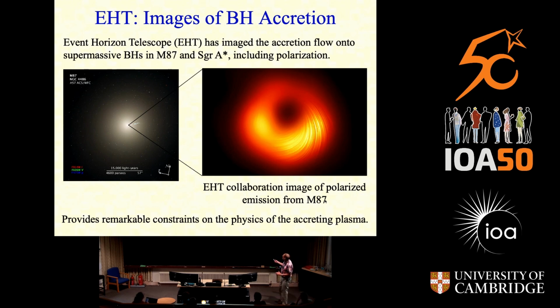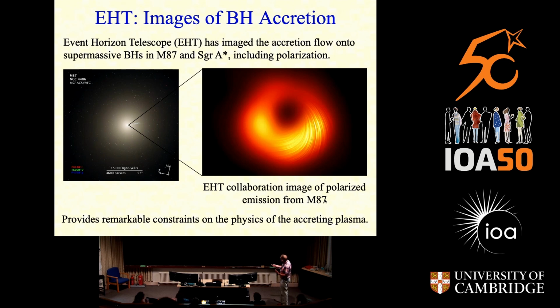But surely the imaging of black hole accretion by the Event Horizon Telescope has been a major step forward in the last 10 years. Now we even have polarized images, which set strong constraints on the ratio of B_z to B_phi, the magnetic field direction in these accretion flows. That also places very strong constraints on the kinematics of the gas in the horizon region.